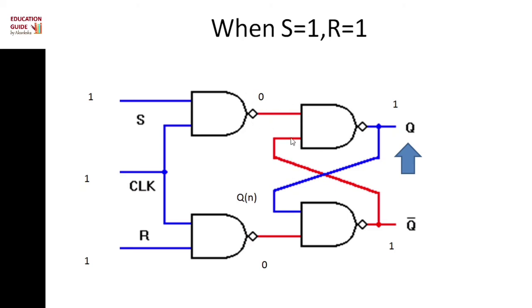From the truth table of the NAND gate we can find it is 1, but it is an invalid state. Here it is also 1, here it is also 1, but it is the inverse of this, so it is not possible. So when we give S is equal to 1 and R is equal to 1, then we get the output as don't care or invalid state.